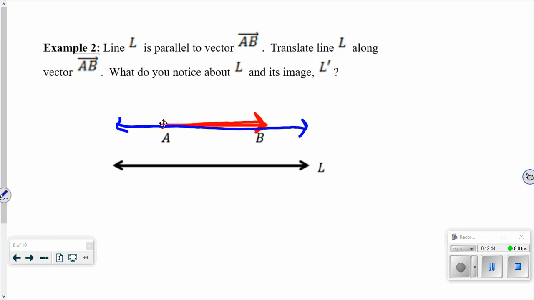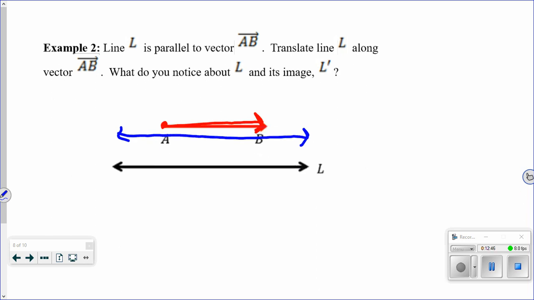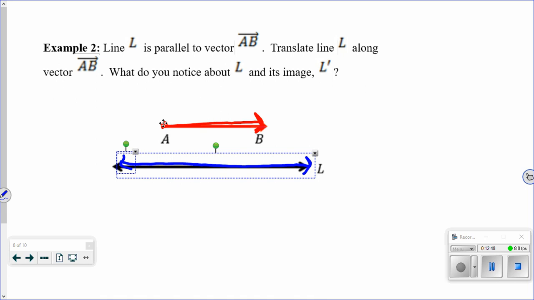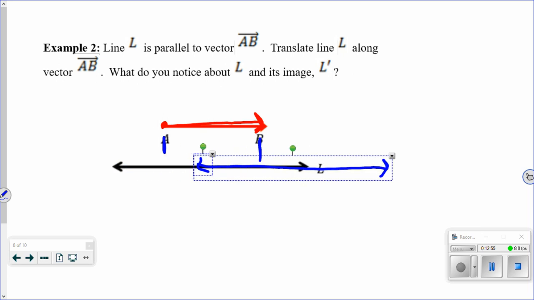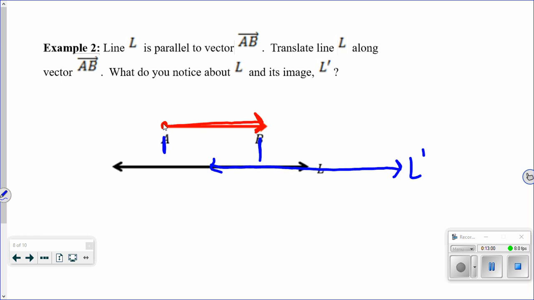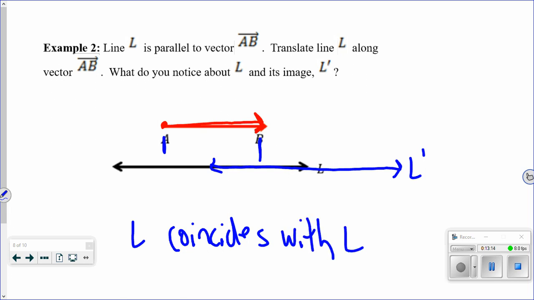We're just moving it the length and direction of the vector, from A to B. We call this L prime. So again, what do we notice? We should notice that L coincides with L prime. So really, it's still just the same line.